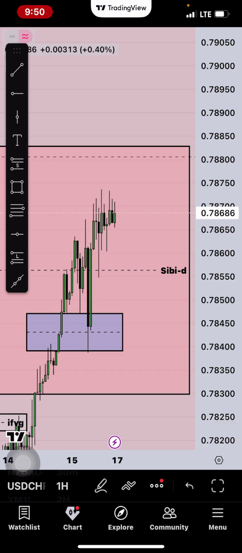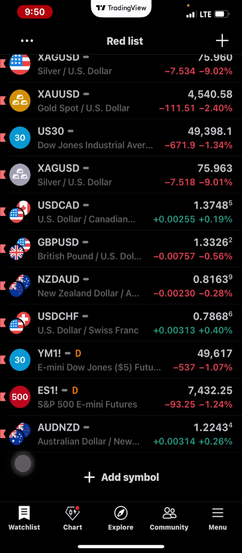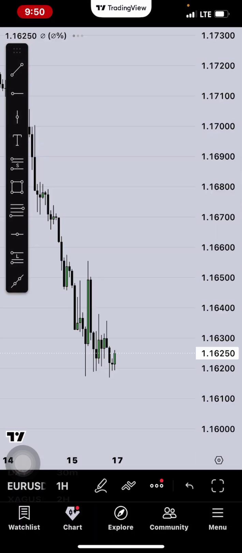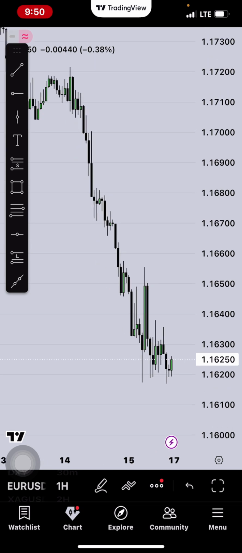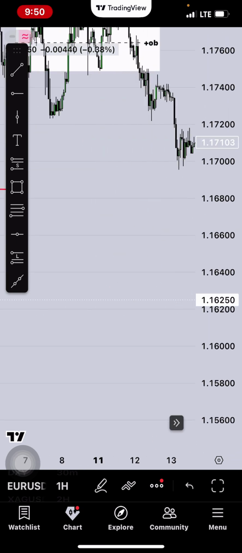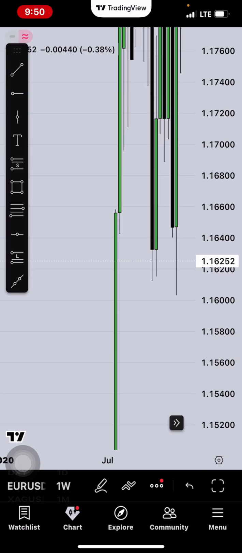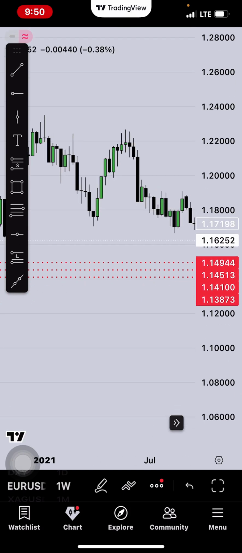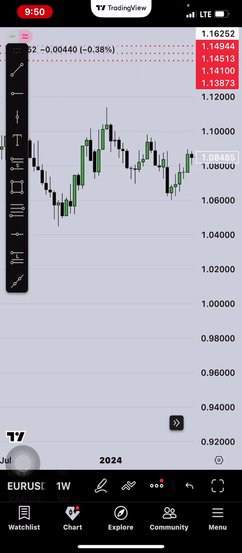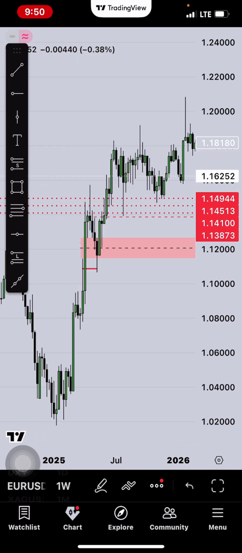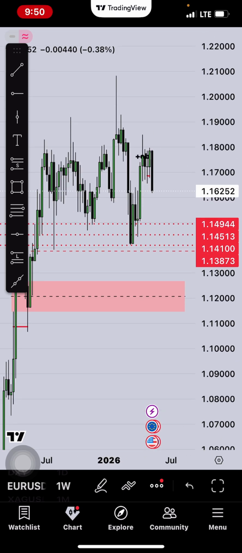We talked about how the Swiss and EU, that's Euro USD, how they move inversely, yeah? Like they move inversely. So we'll go to weekly chart here. See what's going on here.